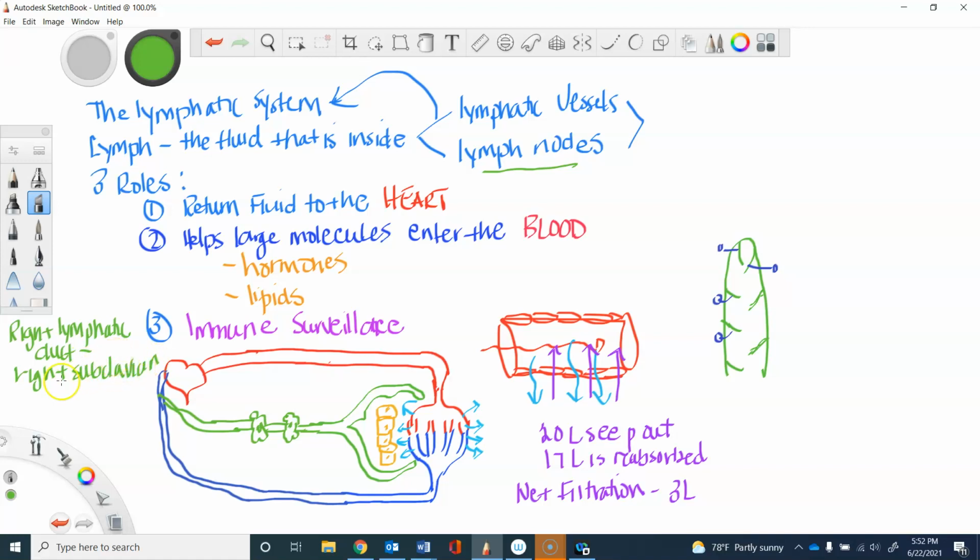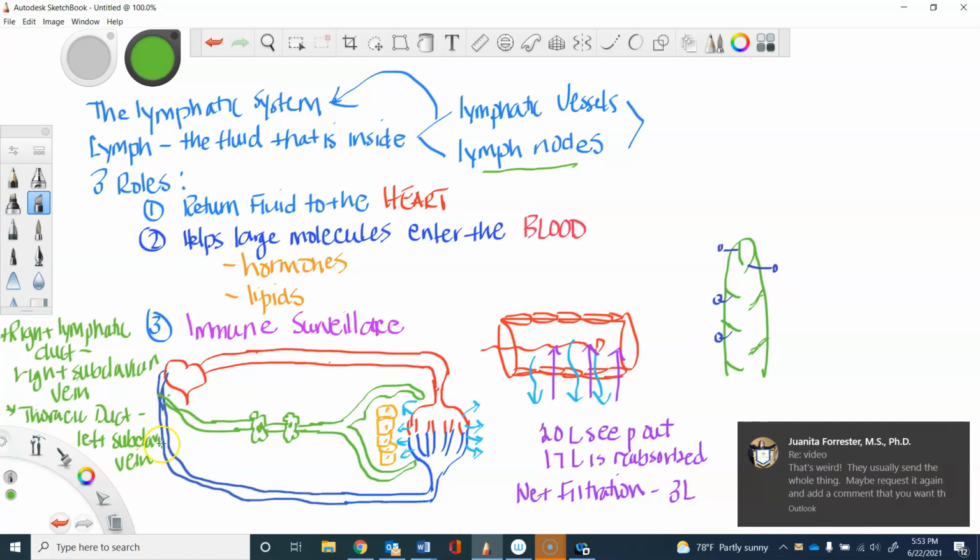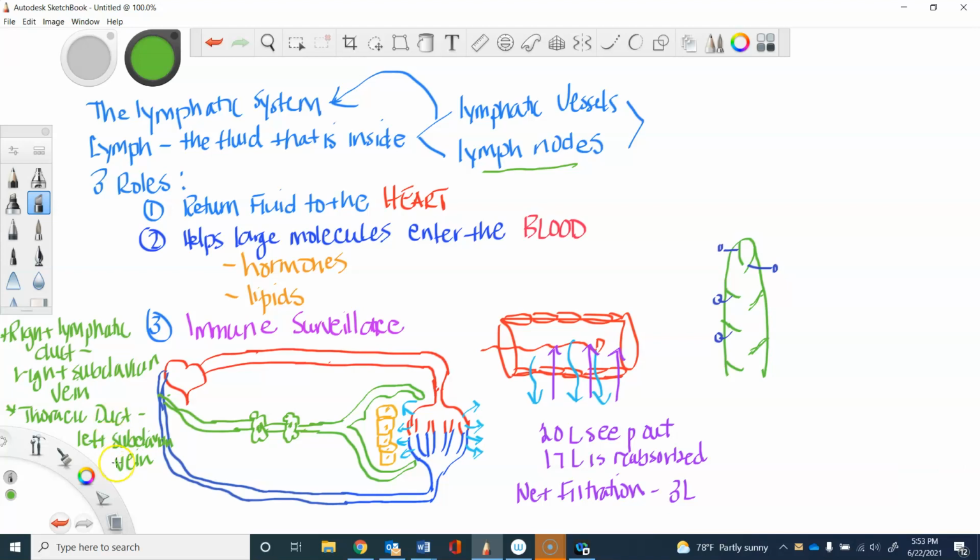I'm sorry, right subclavian vein. Okay, so that's here. It's going to drain the right upper side of the body. The thoracic duct, so that's the first one, and then the thoracic duct will drain into the left subclavian vein. Okay, so that will drain the rest of the body, and it dumps in there.